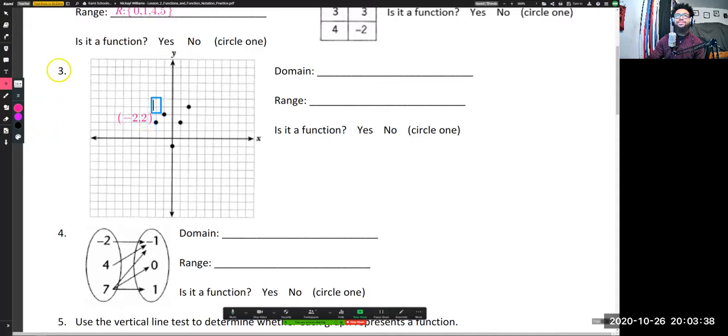ordered pairs. Okay, this one here, I go -1 in the x direction and then 3 in the positive y direction. And I'm going to change this color so these are all different colors. So I have parenthesis -1, comma 3. That's this point. My next point, and I want to try and set these up so you know what they go to.